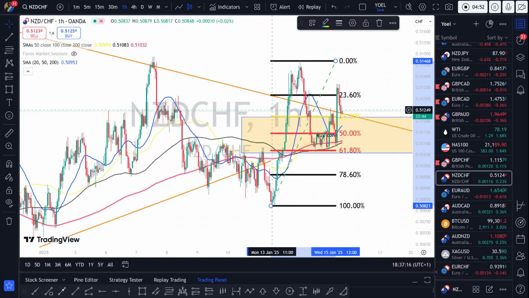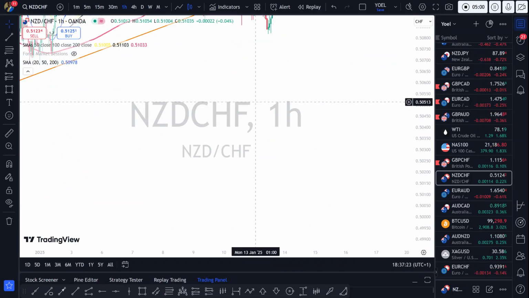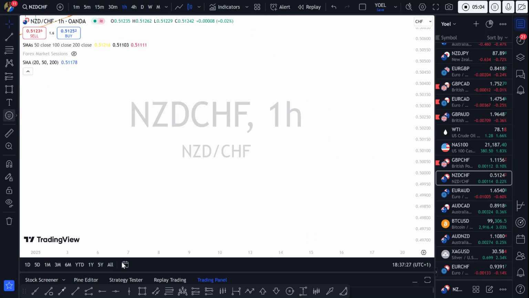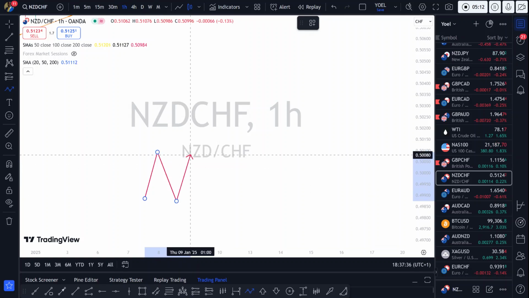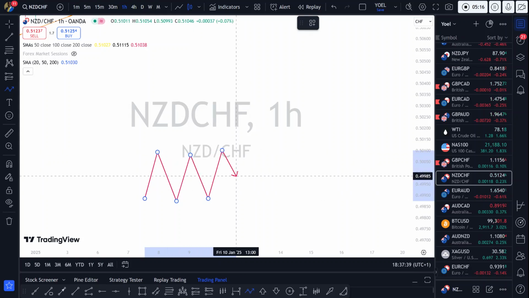Now, let me say this. Take note that the Fibonacci retracement does not work in a sideways market situation, a sideways market structure. When the market is like this, Fibonacci retracement doesn't work.